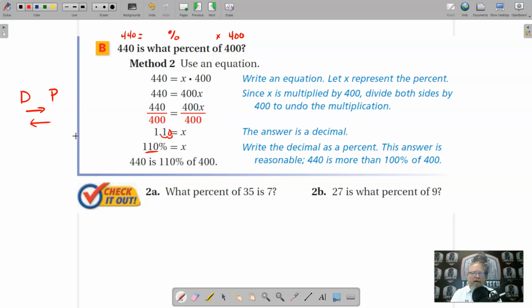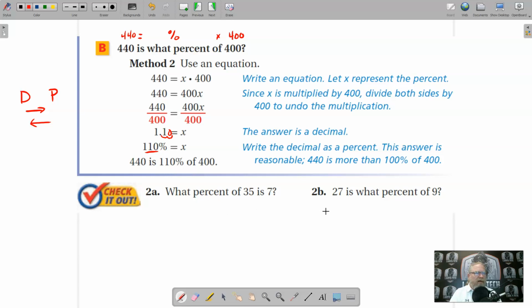If you ever get confused which way the decimal is supposed to go, remember that going from decimal to percent, we move the decimal to the right, and going from percent to decimal, we move it to the left. So we found out that 440 is 110% of 400.